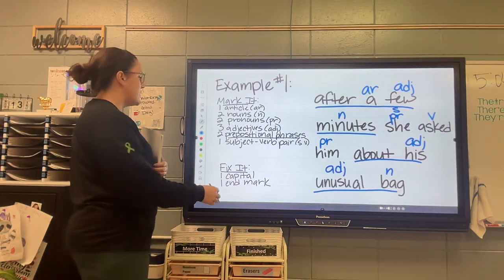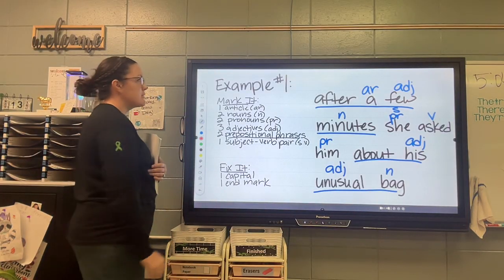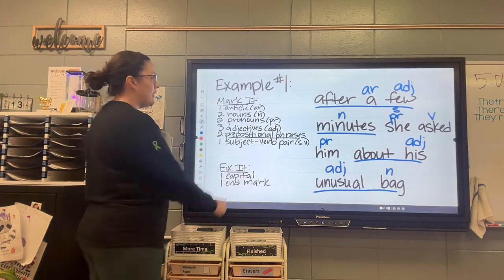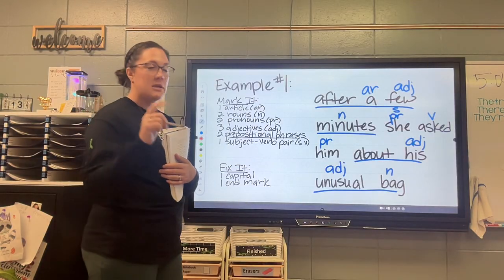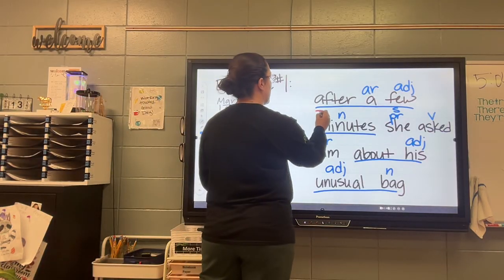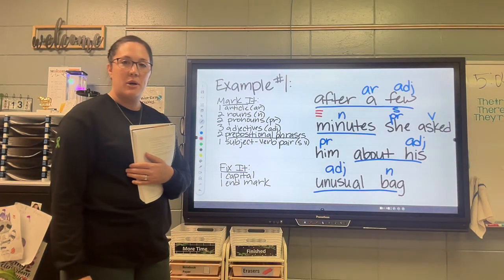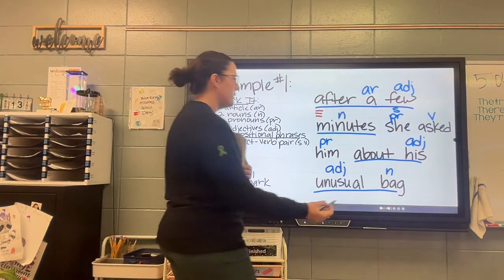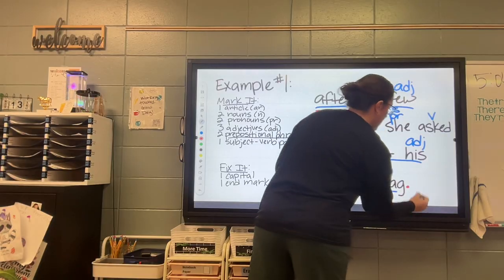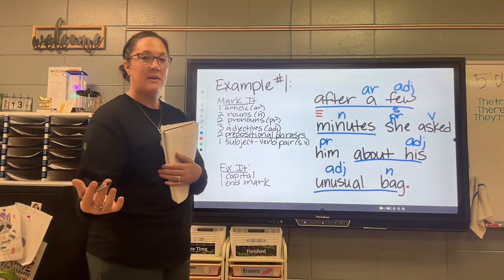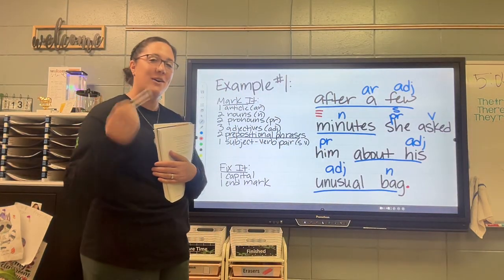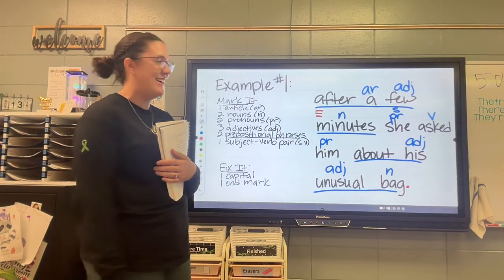Now the last thing we have to do is fix it. We have a couple things we need to fix. It says I need a capital letter. I'm going to capitalize the first letter in the sentence by marking it with 3 lines. And then I'm going to add an end mark. In this case, my end mark is a period. And why? Because it's a full stop. I could just hear all of you saying that at the same time.